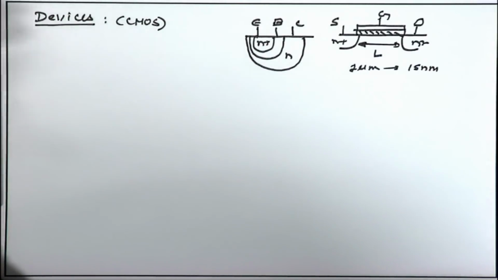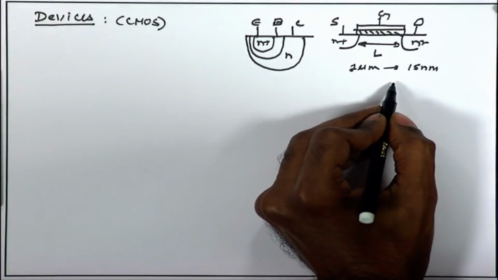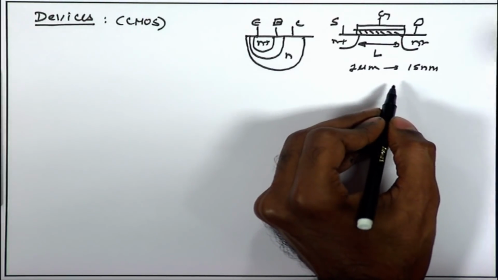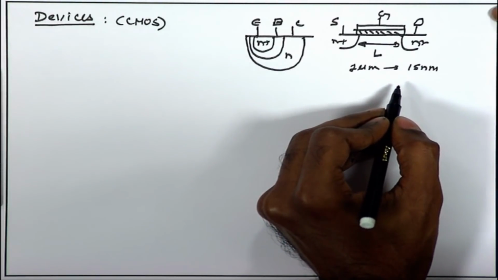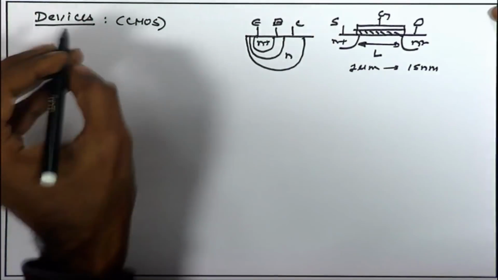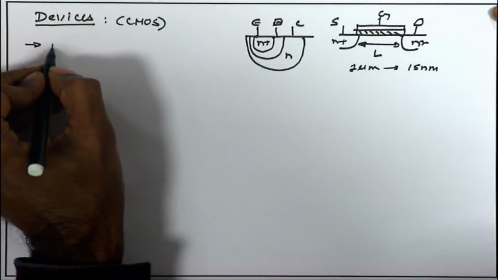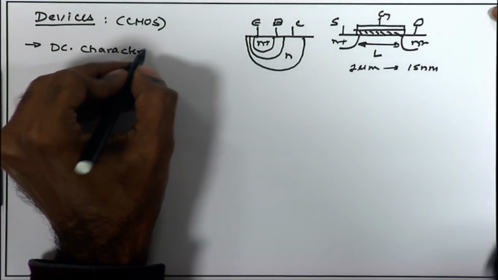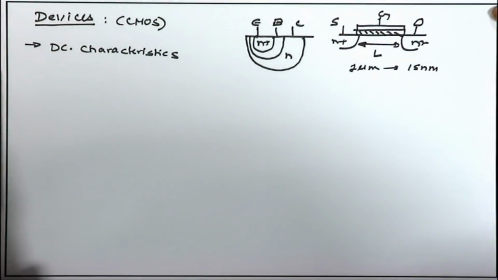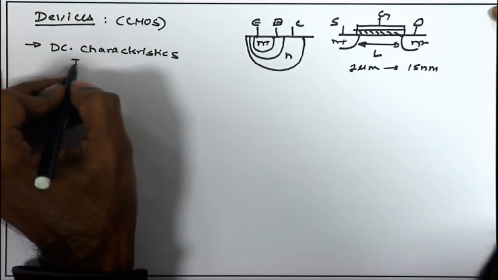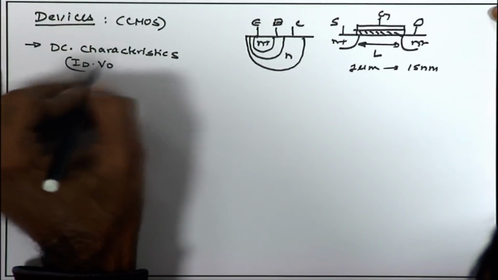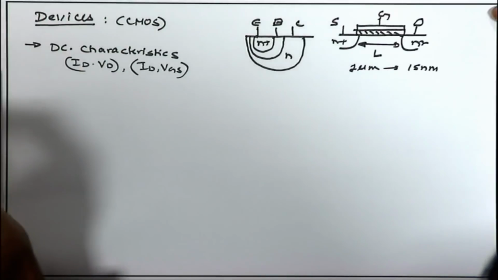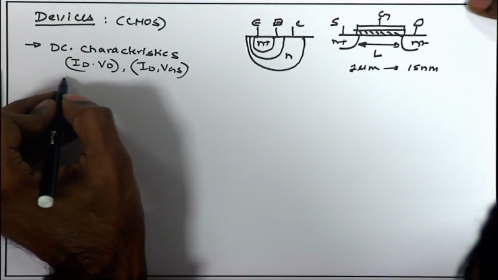So, when we talk about devices, it will be mostly about the MOSFET device characteristics, which are essential to understand in order to apply them in analog mixed signal circuit design. While covering devices, the very first thing we have to be clear about is the DC characteristics of the MOSFET, the ID-VDS characteristics, the ID-VGS characteristics, understanding the large signal behavior.